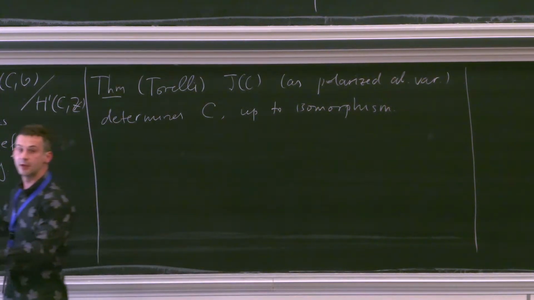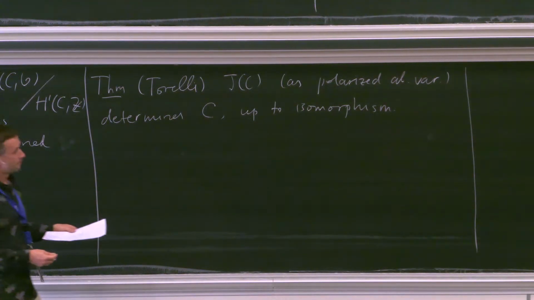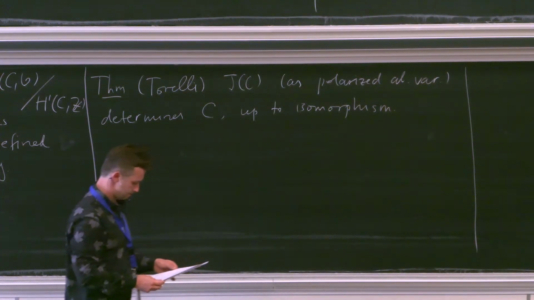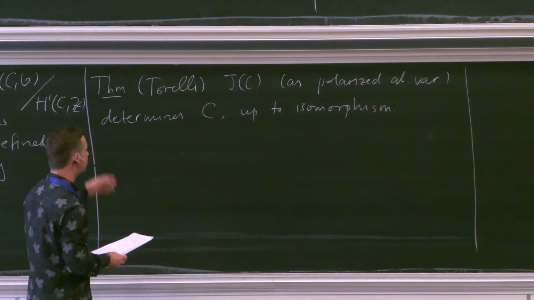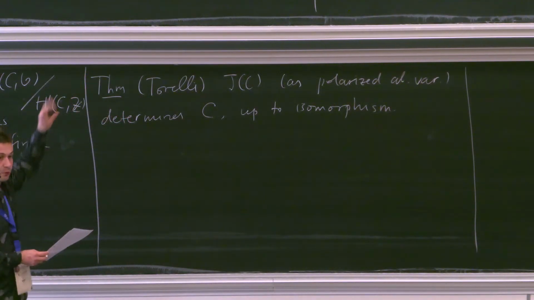So in this way, the world of curves is linearized and embedded into the world of abelian varieties. That's one thing we'll be using when we want to extract those curves that we blow up.